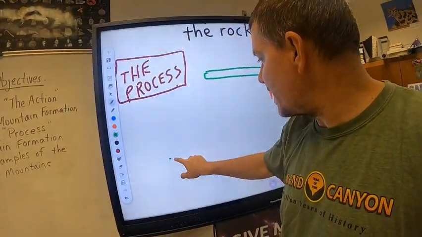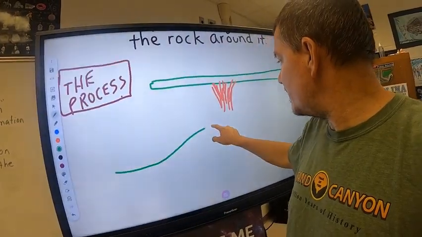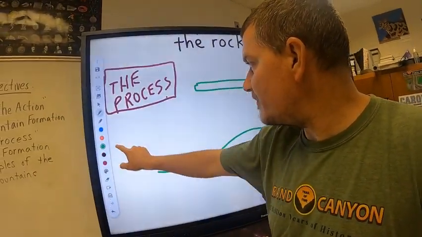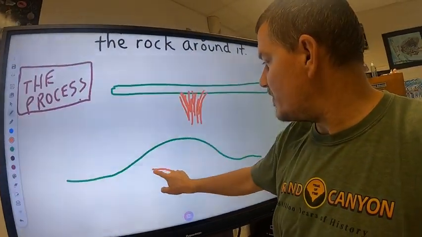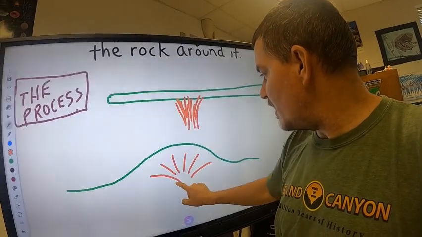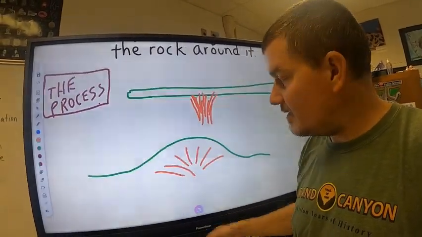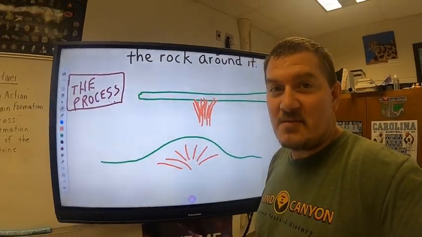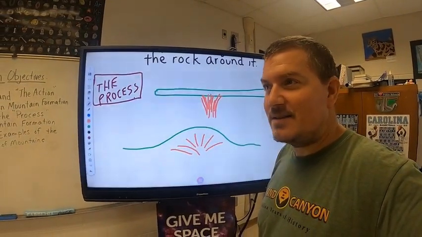So in our second drawing, we'll kind of get the shape going there. And this magma is going to be applying some pressure, pushing and melting the rock around it, giving it that classic dome shape. It's not the most common type of mountain.